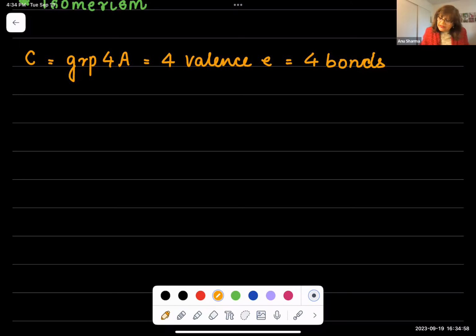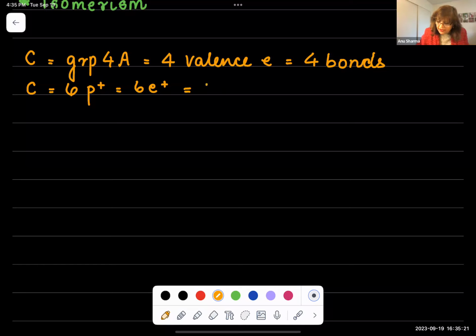So how does that happen? The atomic number of carbon is 6, right? This means it has got 6 protons, it has got 6 electrons, and its mass number is 12, so it is the common carbon, carbon 12.